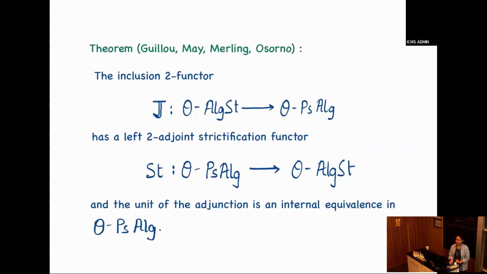The theorem says the inclusion two-functor from the strict algebras, operad algebras, to the pseudo algebras has a left two-adjoint strictification functor, which goes from O-Ps-Alg to O-Alg-St. And the unit of the adjunction is an internal equivalence in the pseudo algebra category.